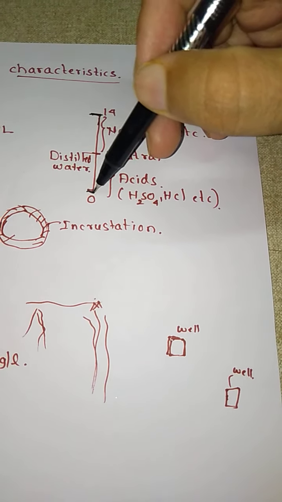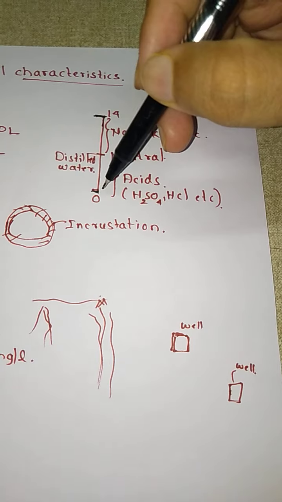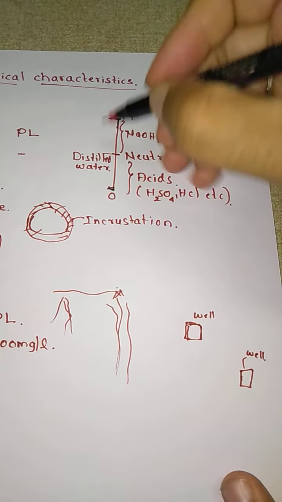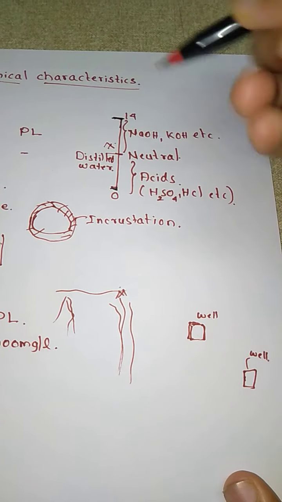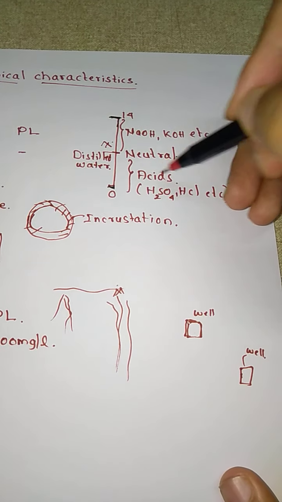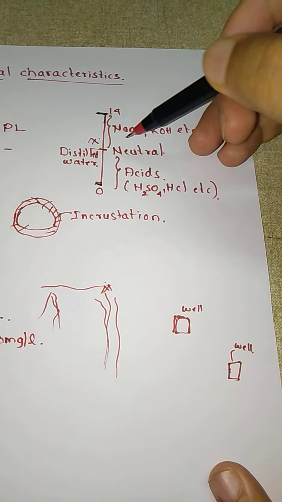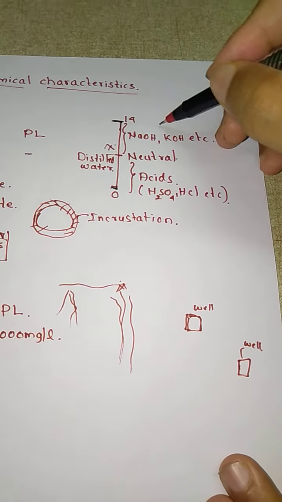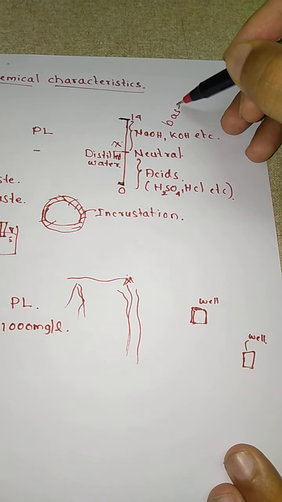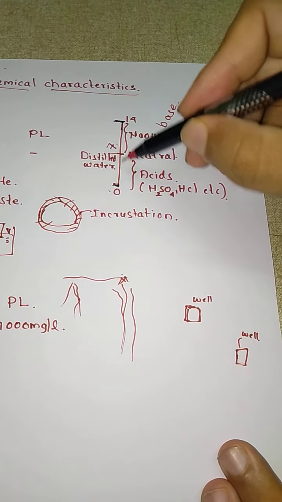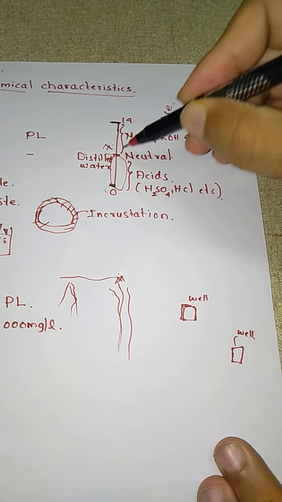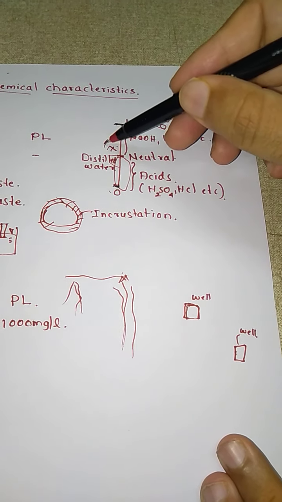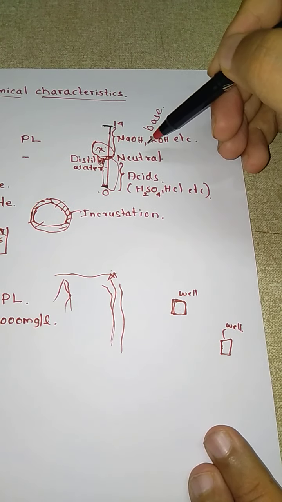From 0 to 7, we call this range acidic, and from 7 to 14, we call it a base. From 0 to 7 we call it acidity, from 7 to 14 we call it basicity, and 7 we call the neutral range.